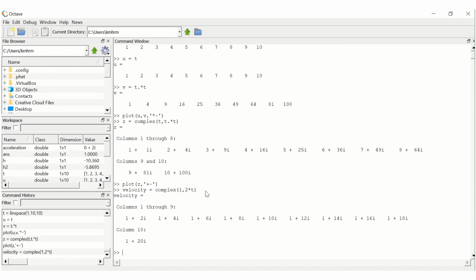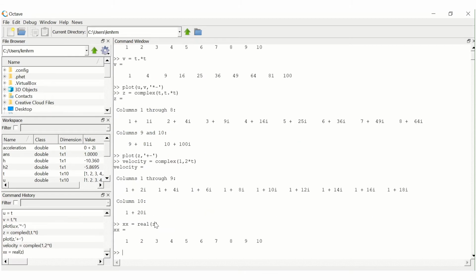Now in order to plot the velocity at each point, you have to give a position for where you want to plot this. On the x-axis, this is going to be the real part of the complex number. Let's call this xx, and this is real z.